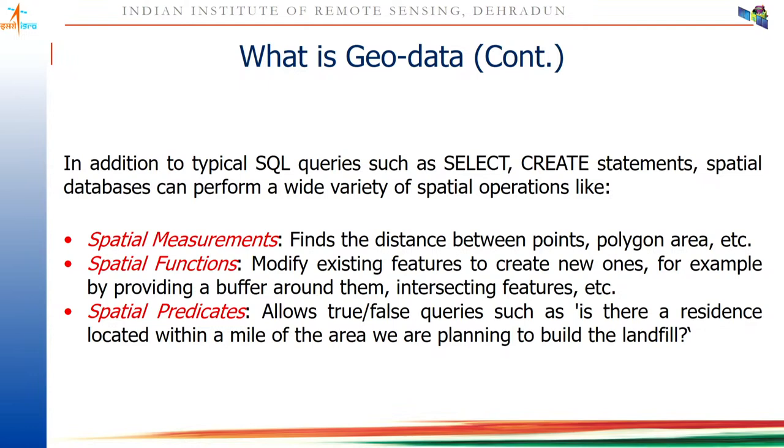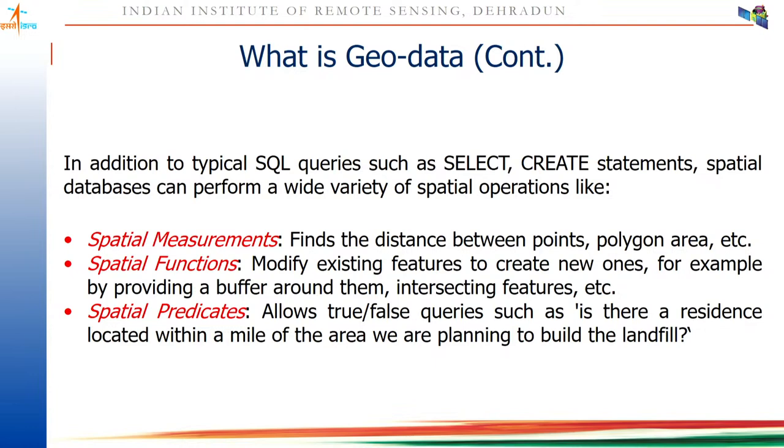Once you are able to store and manage your vector and raster data inside the DBMS, then you can apply typical structured query language for different types of operations like select, create, or DDL, DML, or DCL. These are the different types of statements we write in SQL. You can simply apply all these statements and perform basic data analysis by using simple SQL statements.